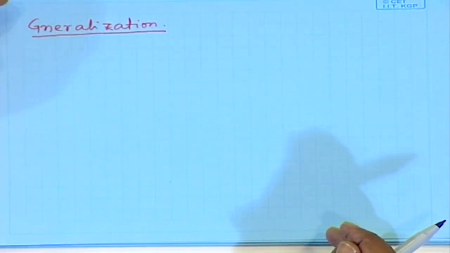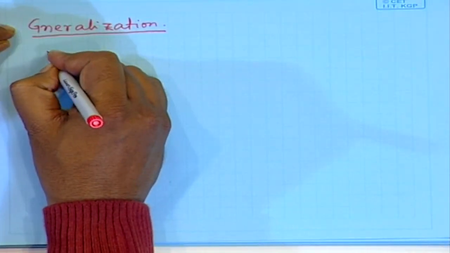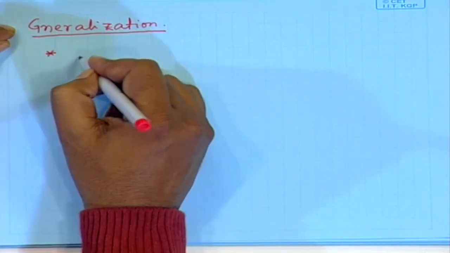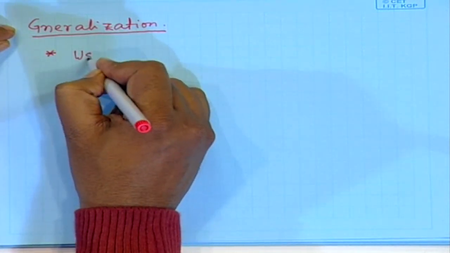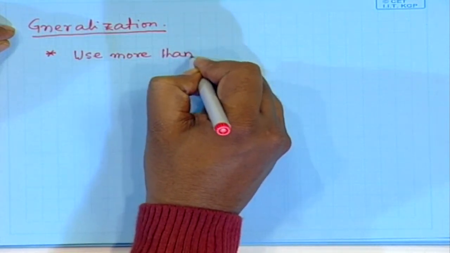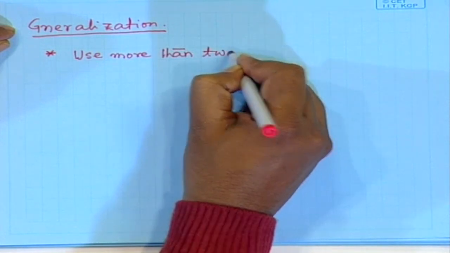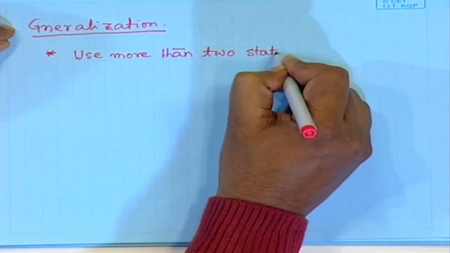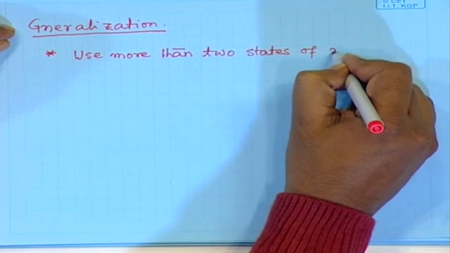So, instead of classes, let us call it the states of nature. Earlier, in the example that we have taken, there are only two states of nature. Now, we can generalize it to having multiple states of nature. So, the first generalization is this: use more than two states of nature.